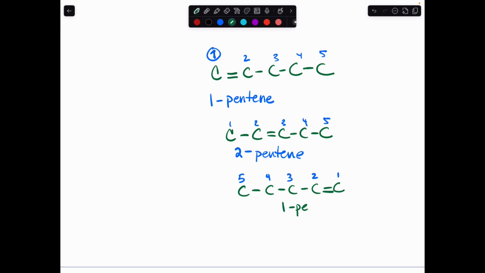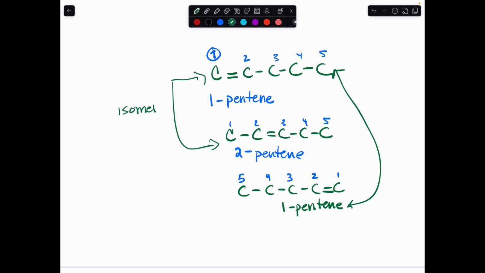So this is still 1-pentene, just like I saw. These are the same molecule. These two are isomers. Same number of atoms, same number of valence electrons, but they have different structures. All right, so the bottom one is still 1-pentene.